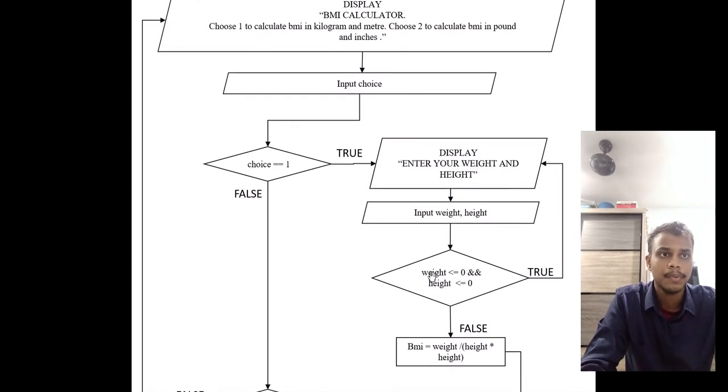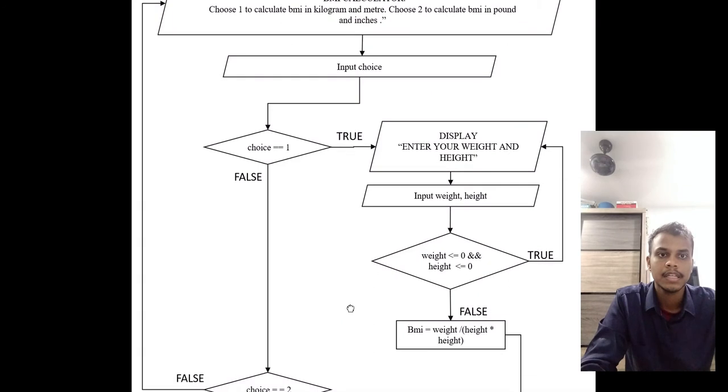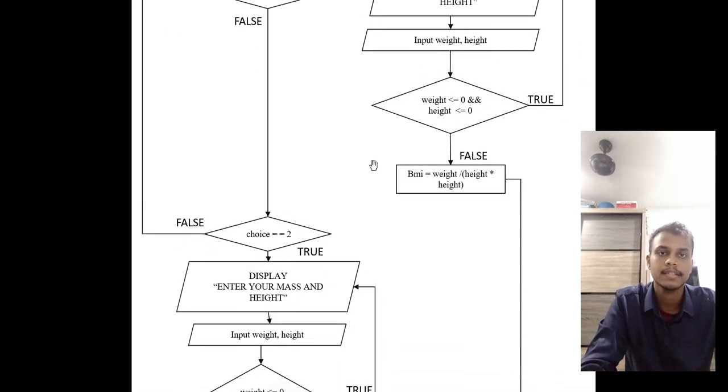If the weight and height is less than or equal to 0, it is accepted as a true statement, and we will repeat the flow to enter your weight and height again. But if it's a false statement, the BMI will be calculated, which is BMI equals weight divided by height power square.